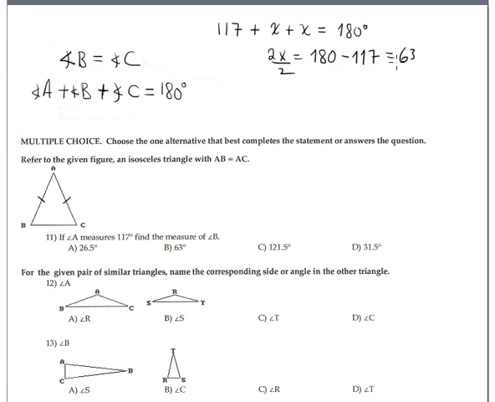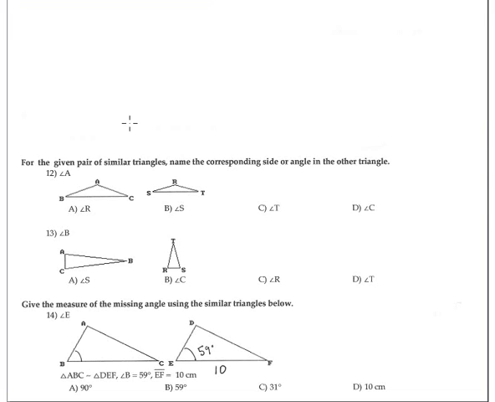Divided by 2, X is equal to 31.5 degrees. This is the angle BOC, 31.5 degrees. That's the answer.